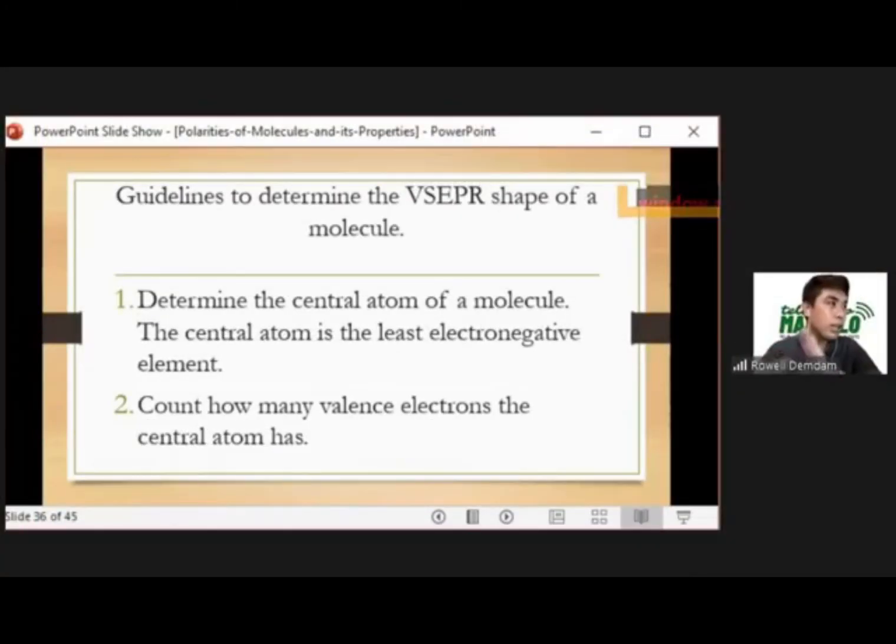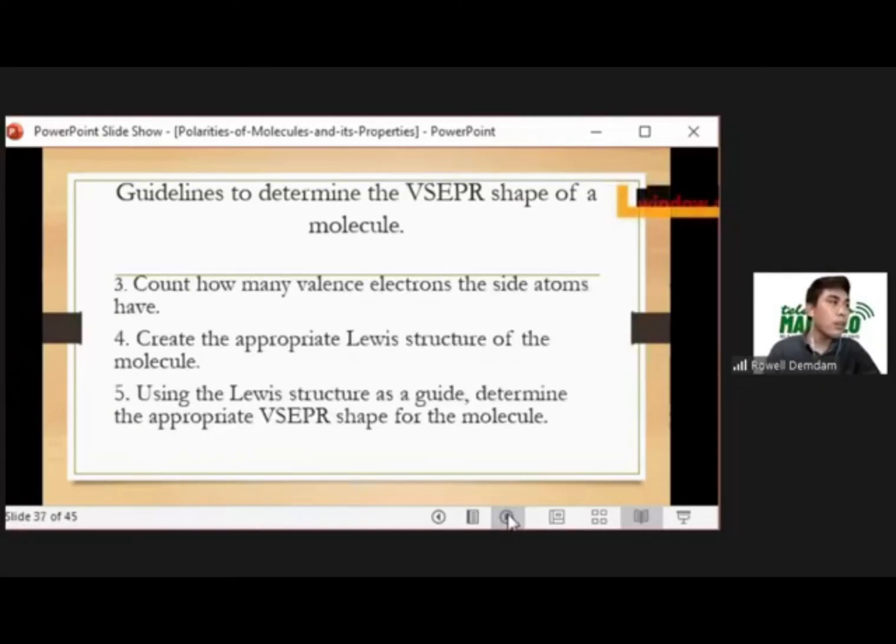So here are the guidelines of VSEPR. First is to determine the central atom of the molecule. The central atom is the least electronegative element. Second is to count how many valence electrons the central atom has. Third, count how many valence electrons the side atoms have.